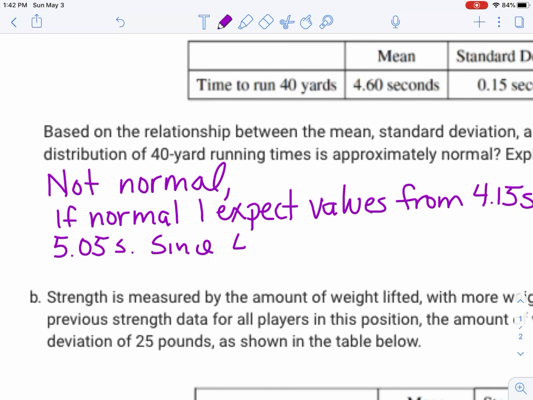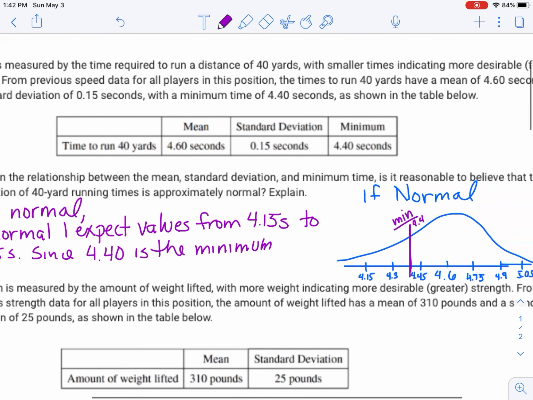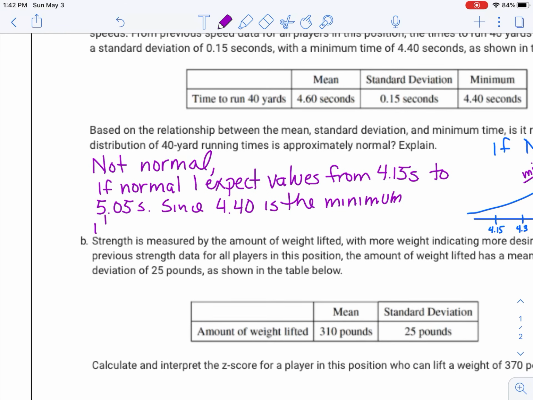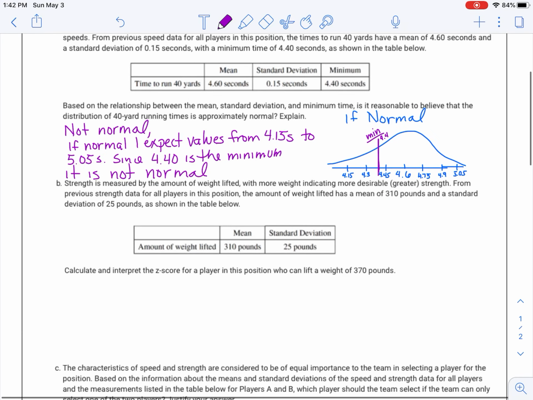Since 4.40 is the minimum, it is not normal. Okay? I think that when I looked over the scoring guideline, they did it a little differently. So if you did it differently, you could still get it absolutely correct.